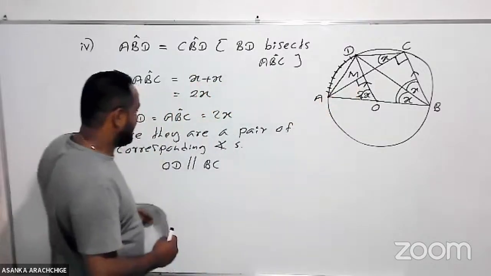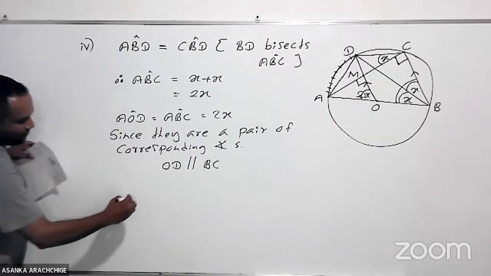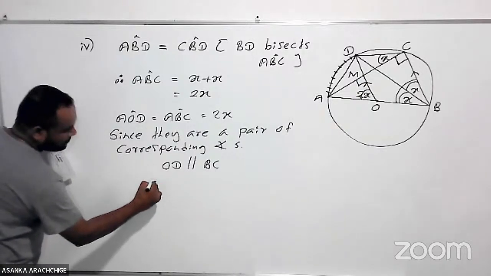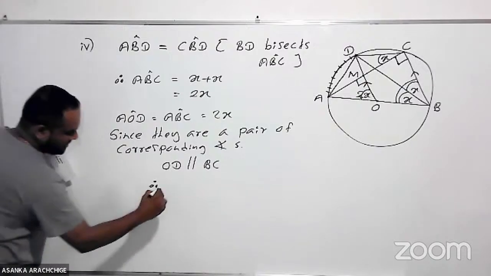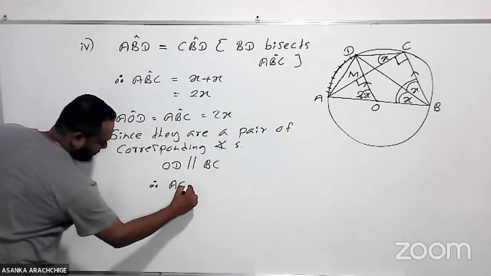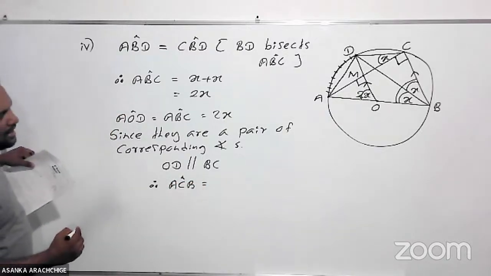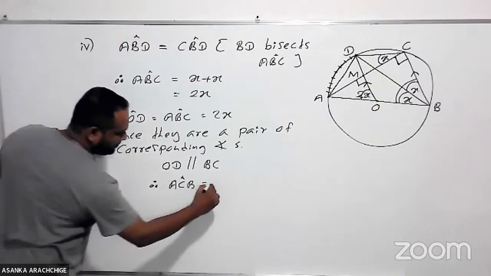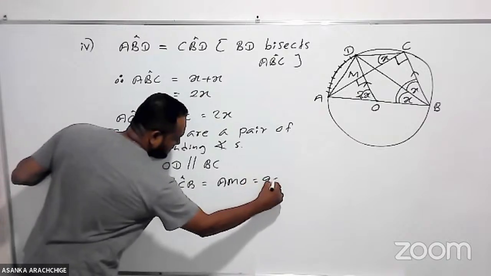Now you can say, therefore, angle ACB is equal to angle AMO, angle AMO equals 90.